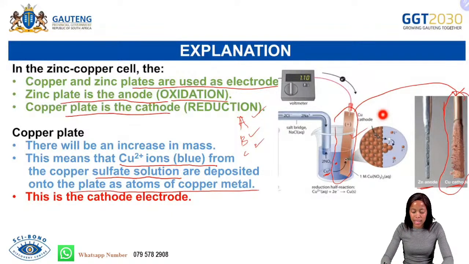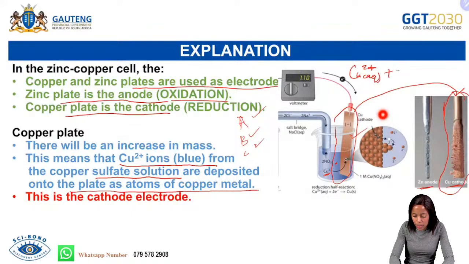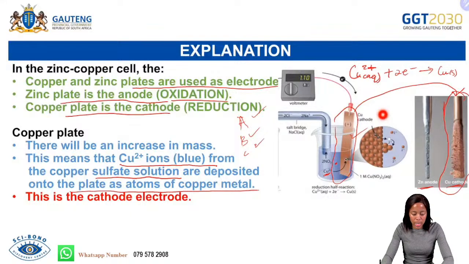So we are saying that they are going to move to the electrode. If you are going to use the reaction to explain, we have Cu2+ aqueous plus 2 electrons. This is your cathode half reaction. So it says this means that the Cu2+ ions, which are blue in color.